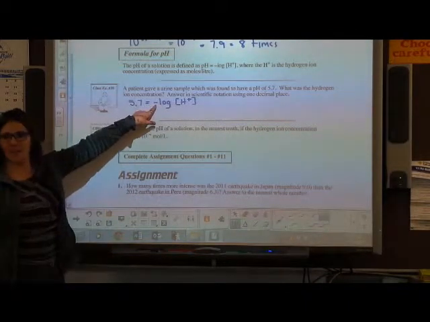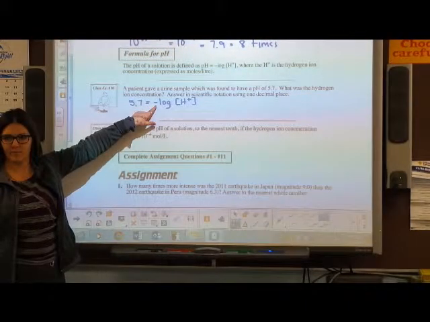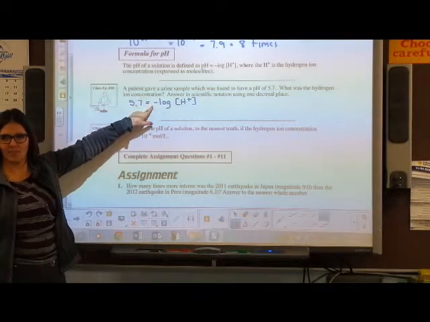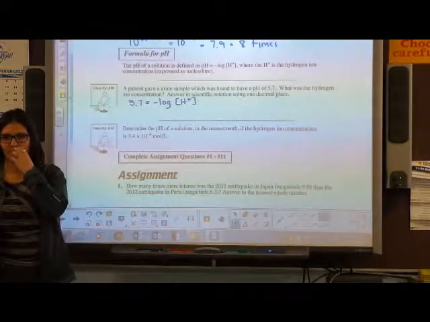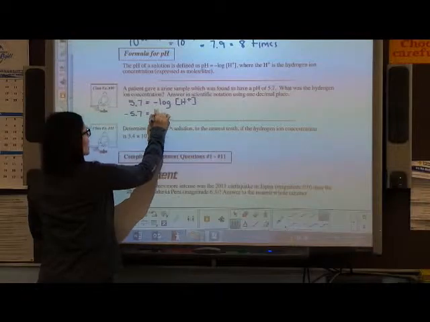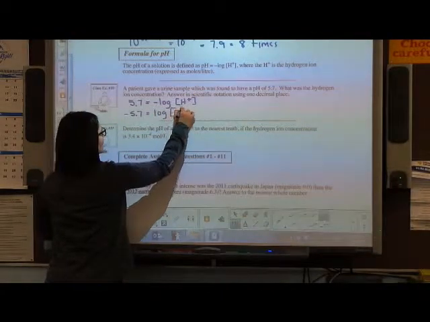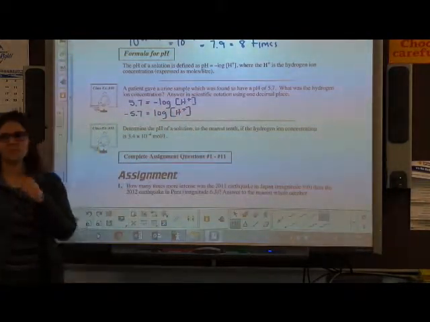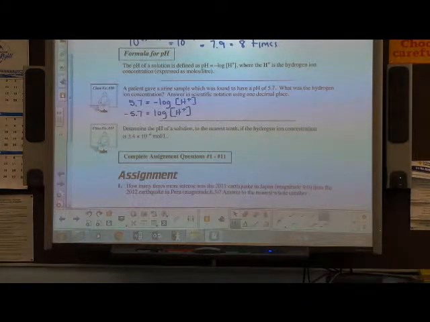First of all, what do I do with the negative? How do I get rid of the negative here? Divide by negative. So I get negative 5.7 equals log of my hydrogen ion. How do I get rid of the log?